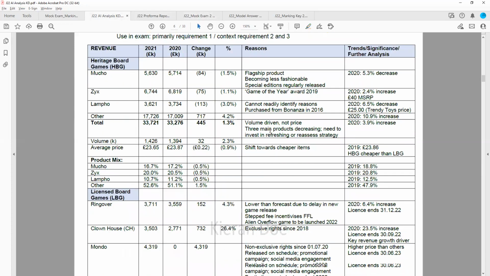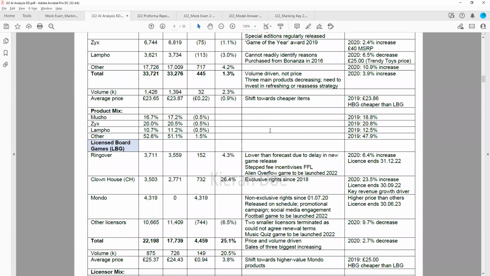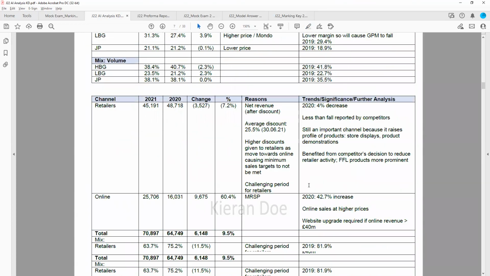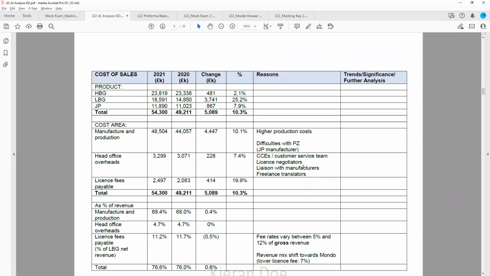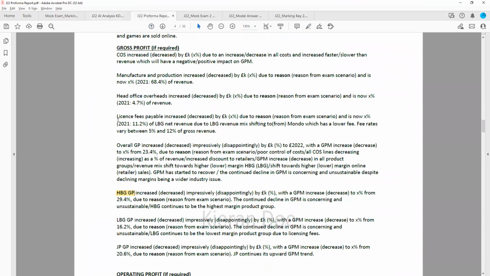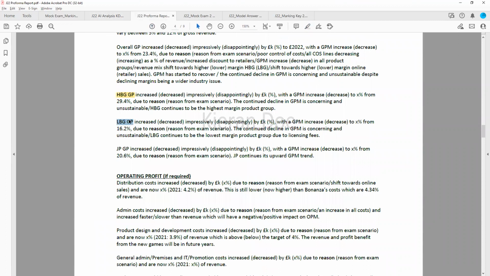So if you think back to the AI analysis class, of course, we said that those costs, license negotiations, would be in here. So that might be a reason why head office costs have increased, or certainly why LBG gross profit margin may have fallen. So again, you could scribble that down there next to LBG gross profit.